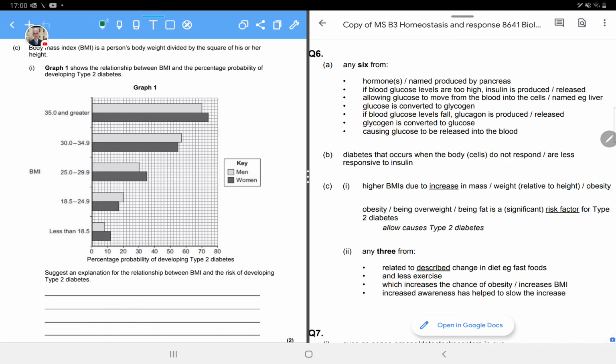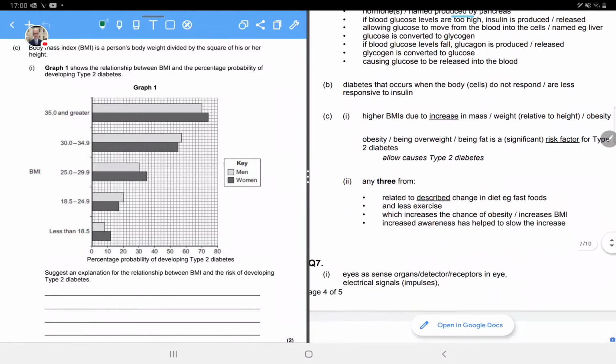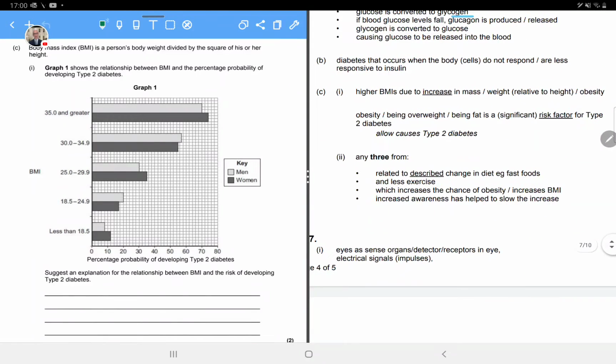If we look at the mark scheme here, we can see what the board thinks is linked to BMI that causes type 2 diabetes. You can see it says obesity or being overweight, being fat, is a significant risk factor for type 2 diabetes. Can you see underlined, the board is saying we want you in these questions to use the term risk factor.